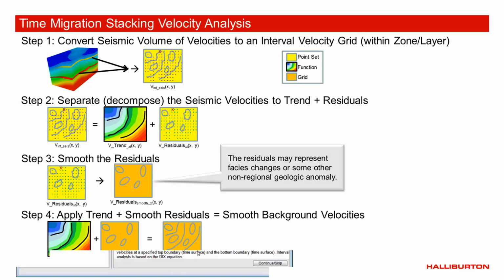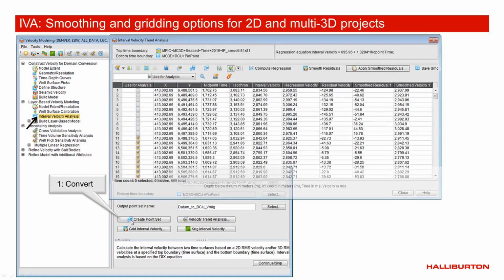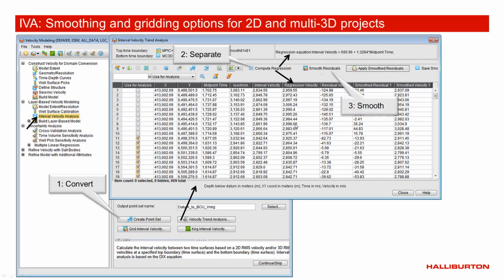for that particular layer. So how we do that is go through our interval velocity analysis workflow, our IVA workflow. So again, the steps that I just showed you: step 1, we convert the seismic velocities to a point set. Step 2, we create a regional function or a linear regression function to define those velocities.